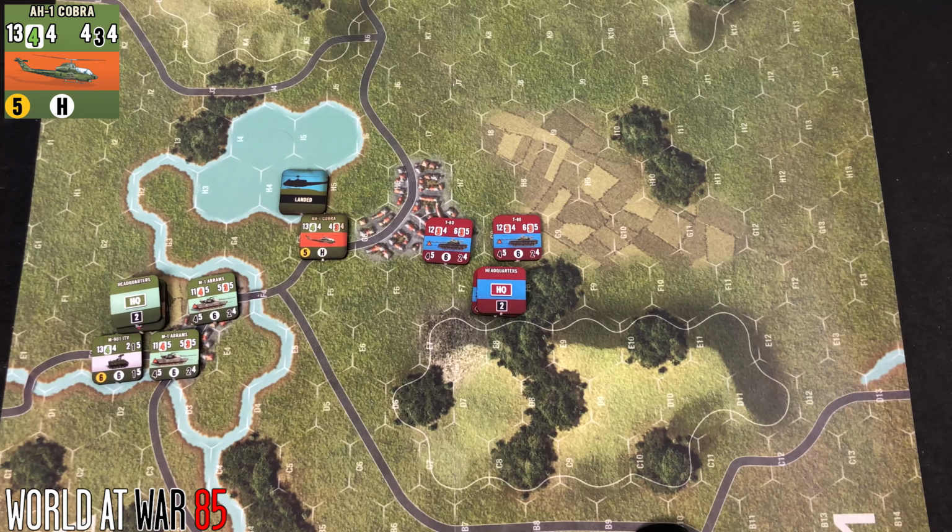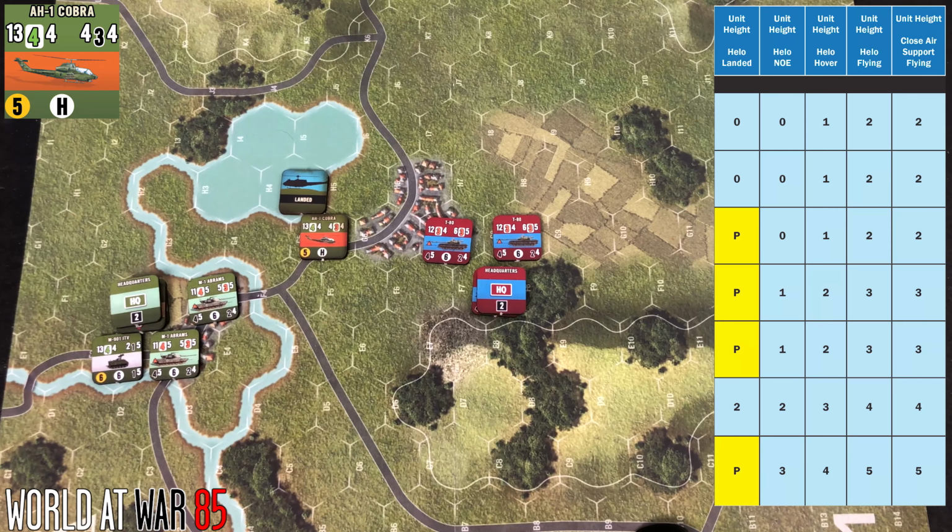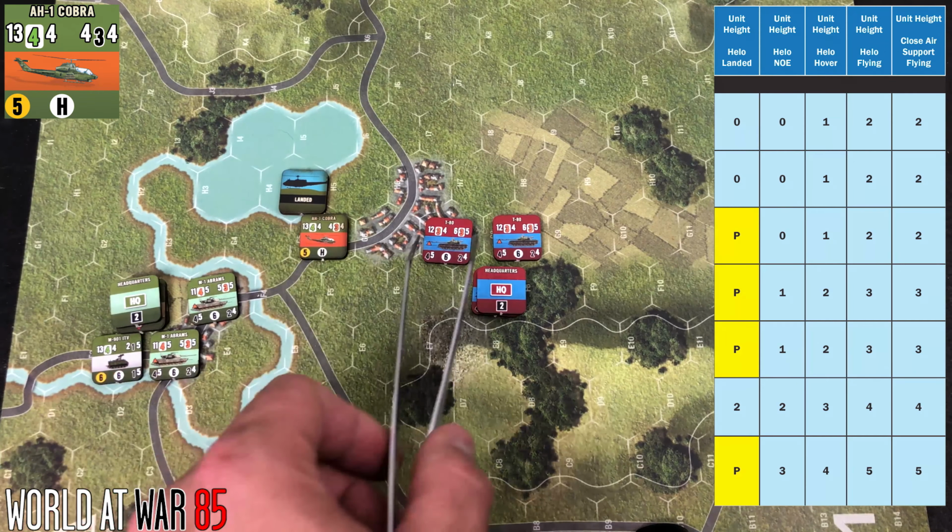When a helicopter is hovering, when you're considering things like line of sight, you're going to look on the column listed hovering on your terrain effects chart to see that the helicopter is going to be considered one level higher than whatever the obstacle height is of the different terrain that you're in. This, similar to some of its other types of movements, does allow enemy units to enter the hex that the helicopter is in.